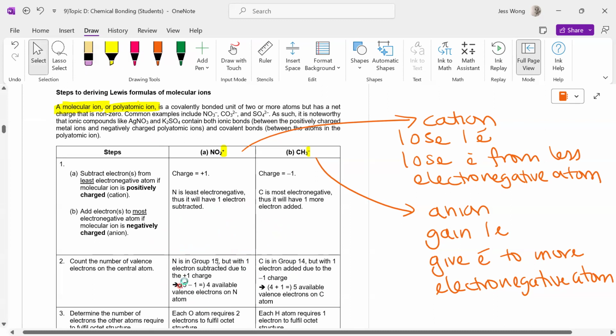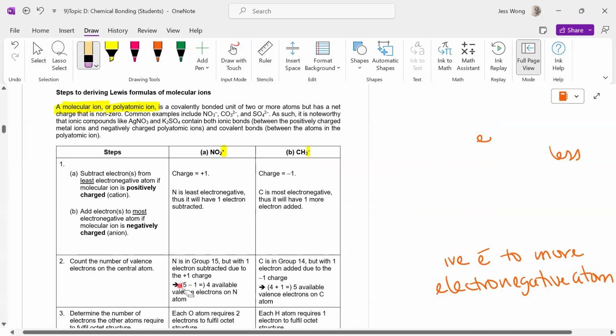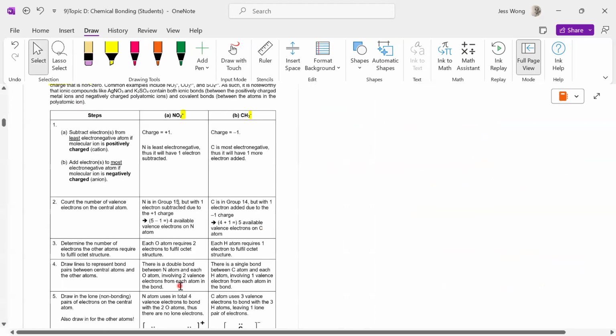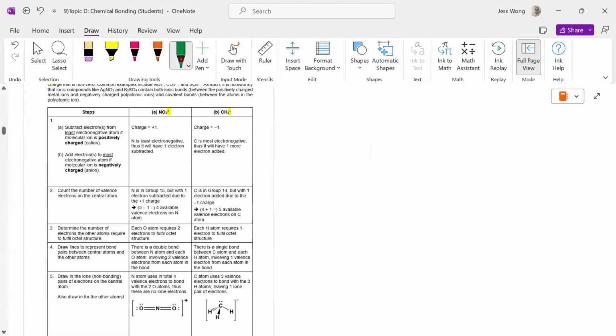All right. So let's see how we draw NO2 plus and CH3 minus. Same thing, NO2 plus. N from group 5, O from group 16, so 6 valence electrons times 2, so I have 12. Now I have to minus an electron from the less electronegative atom, so I minus from nitrogen.